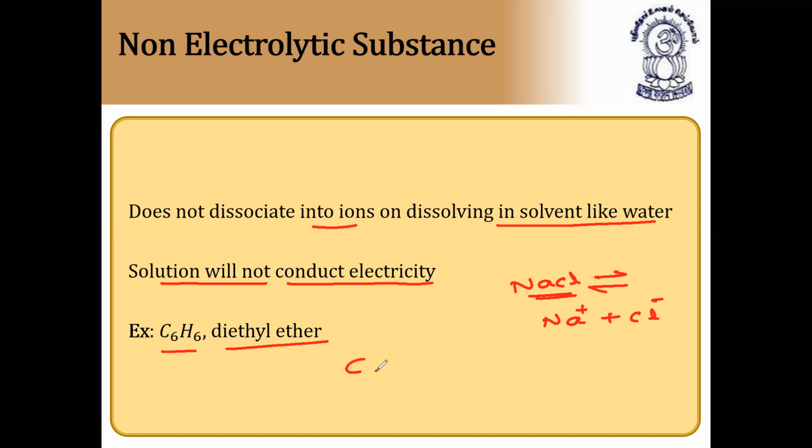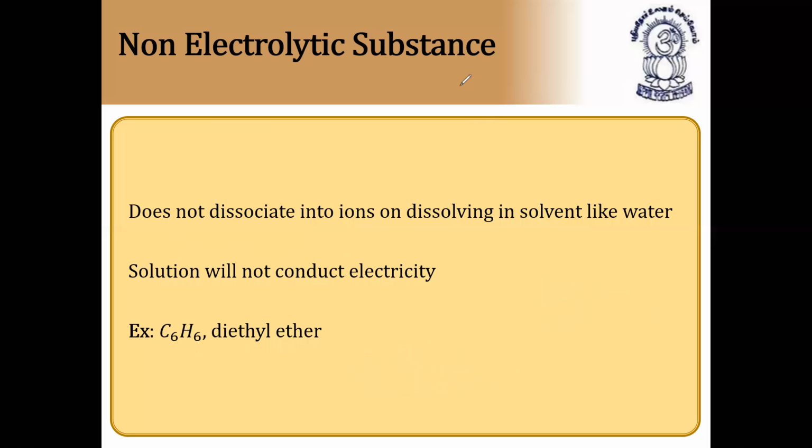If you put benzene in water, it will not dissolve and does not dissociate at all. As they do not form ions, they do not conduct electricity. Whereas electrolytes form ions, so they conduct electricity. Non-electrolytes do not dissociate into ions on dissolving in a solvent like water, and their solutions will not conduct electricity.